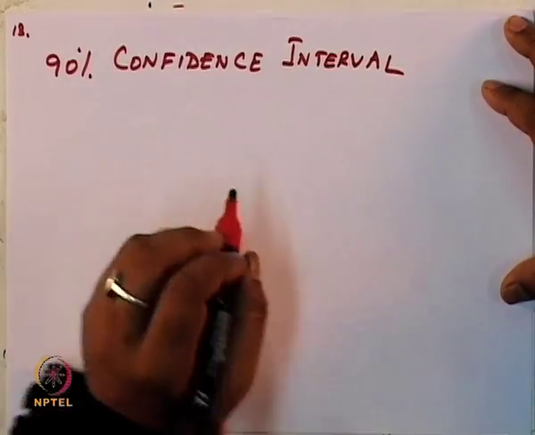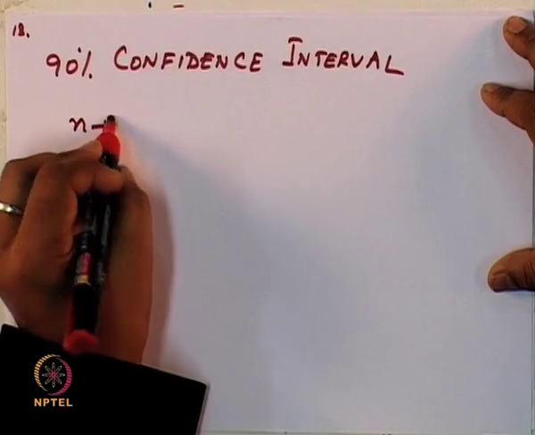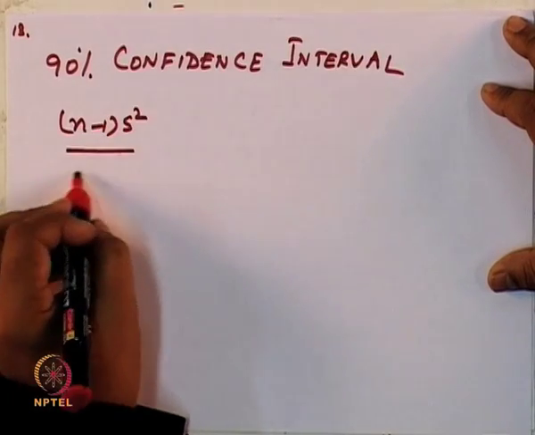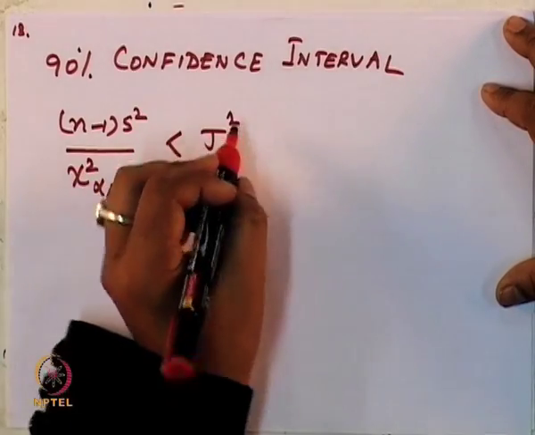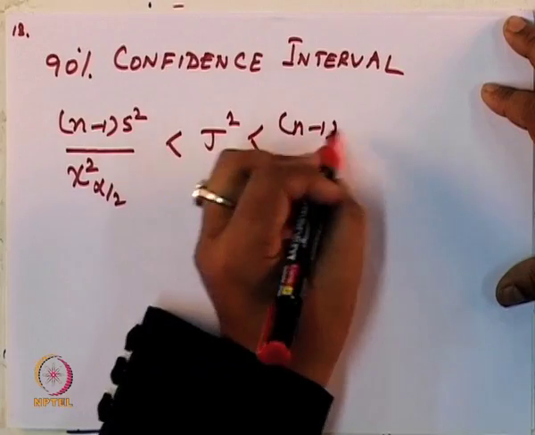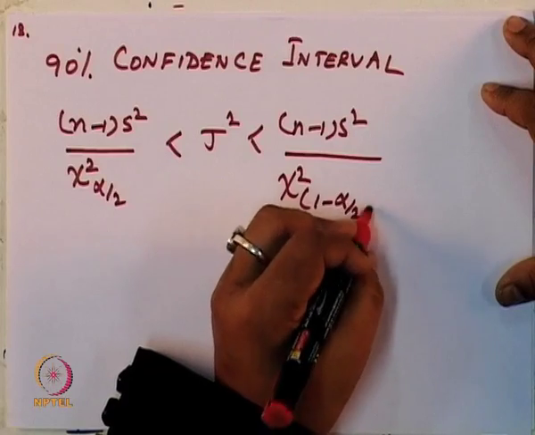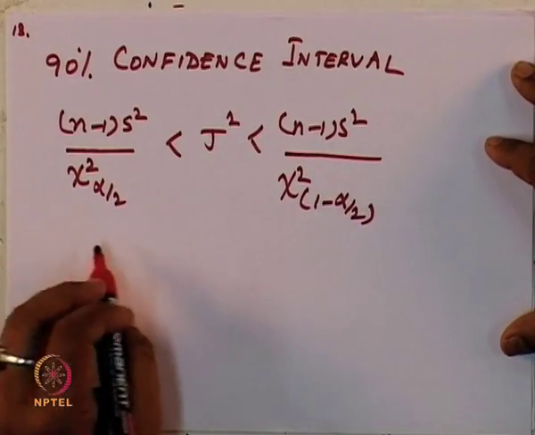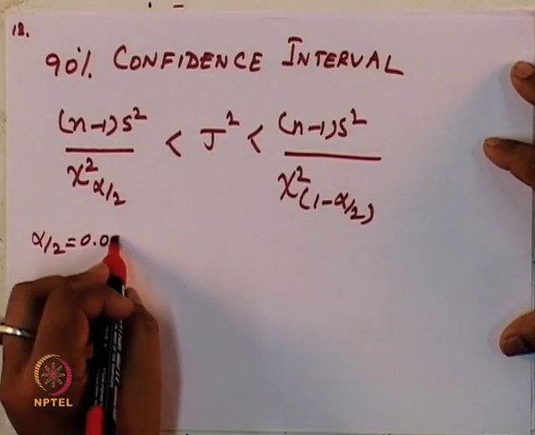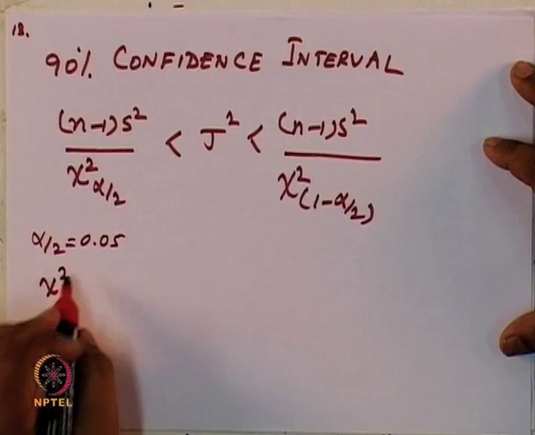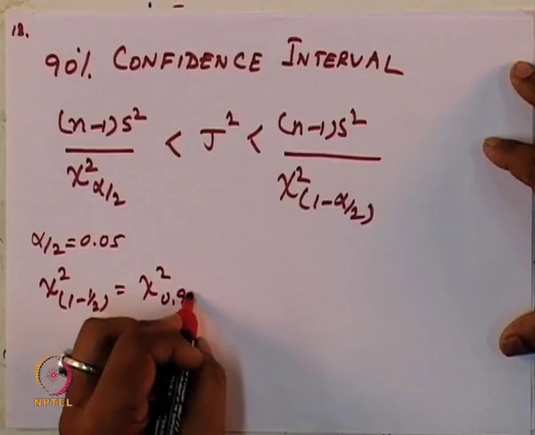Which is given by, okay, so for alpha by 2 equal to 0.05, chi square of 1 minus alpha by 2 equal to chi square of 0.95.